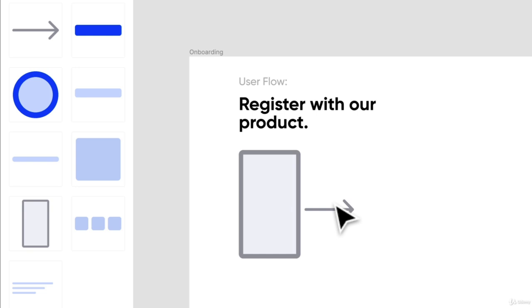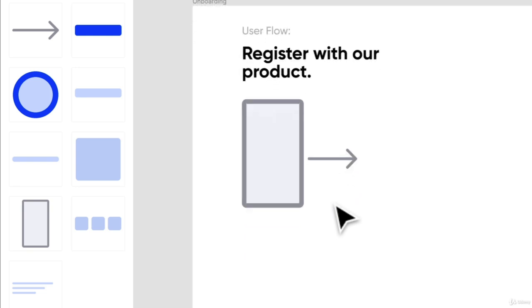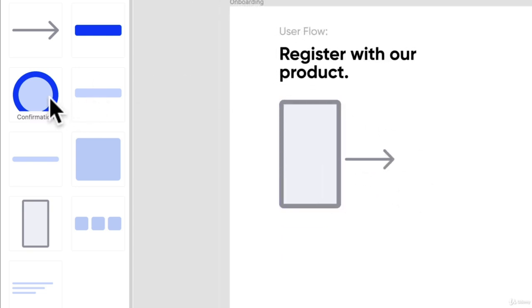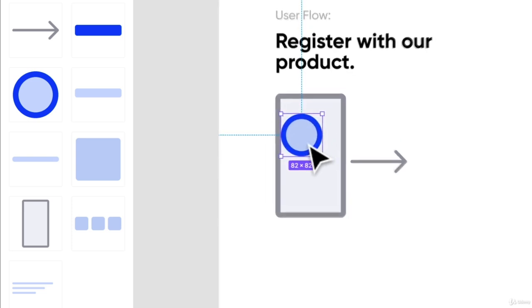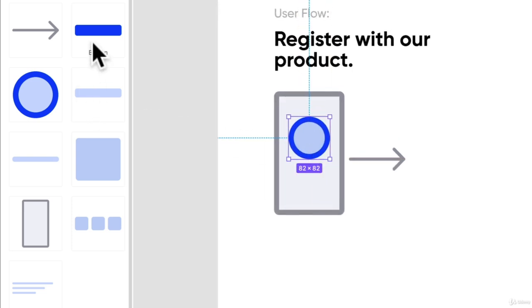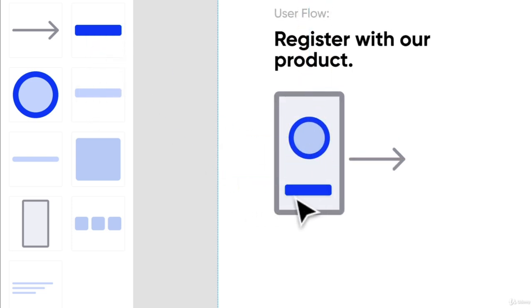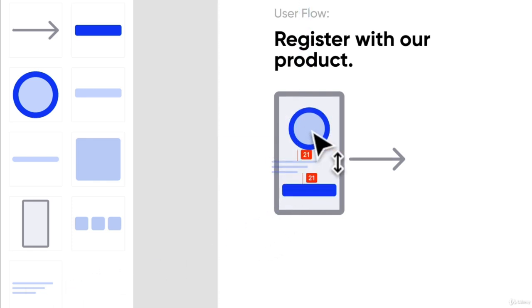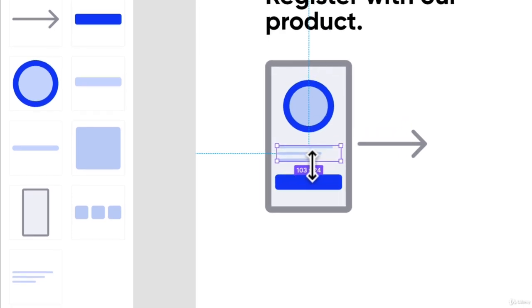Step 1, when they come to our welcome screen, they should probably see something like a welcome banner, maybe a button, and some welcome text that's just saying, hey, welcome to Habitual. We are an awesome product and you should totally register with us.